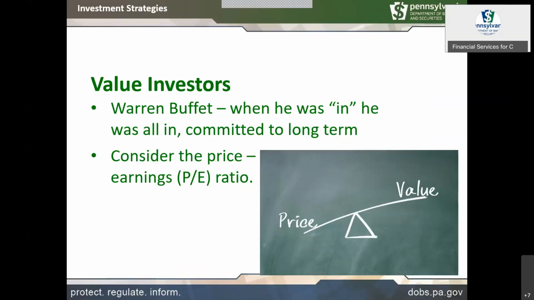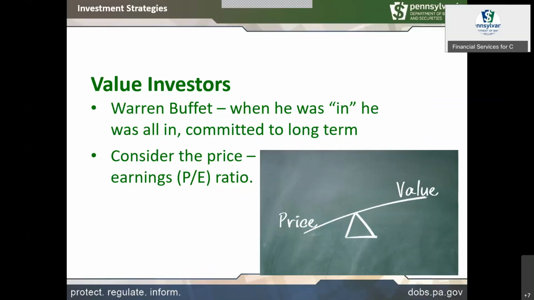For investors who don't have the time to spend researching details of a company, one thing they always look at is the price earnings ratio. Now, that is a single number that you get by dividing the stock's current share price by the earnings per share.